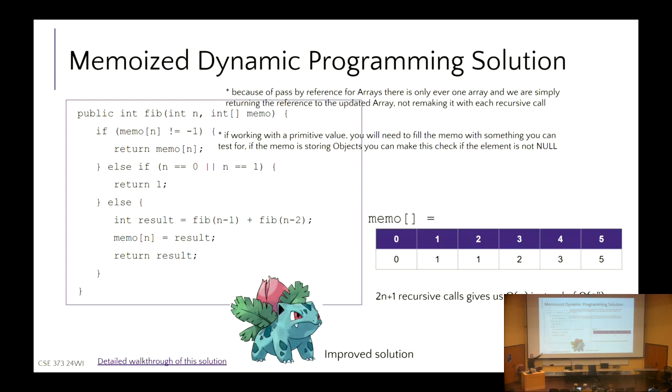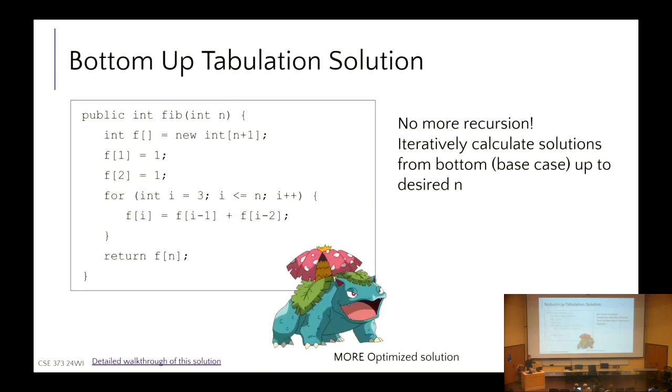Okay, so at the very least, store your answers, don't recalculate them. But can we do better? Well, what if we also start to think about the order in which we calculate these things? Because in Fibonacci, technically, I only need the 2 previous calls.